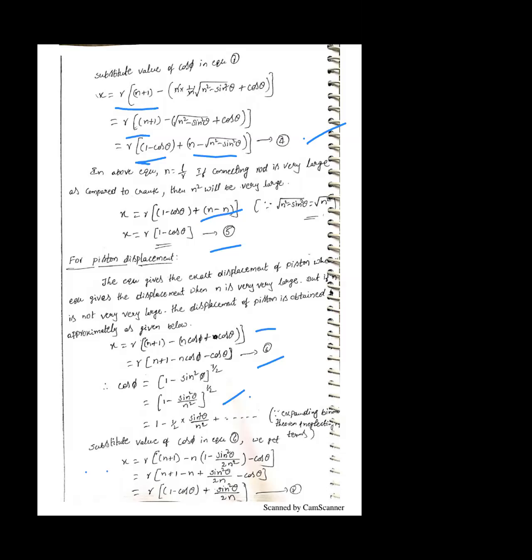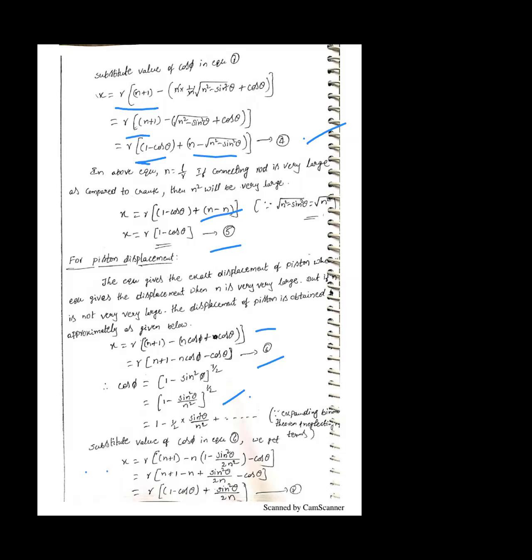This value will be substituted in our equation. So cos phi is replaced with the term 1 minus sine square theta by 2n square.